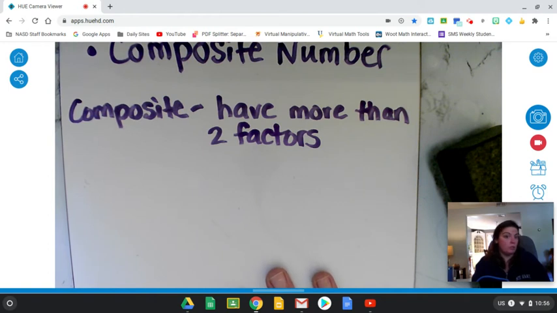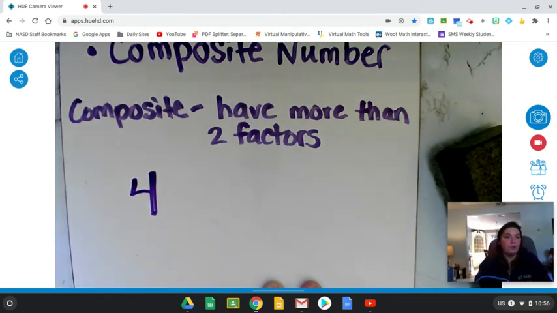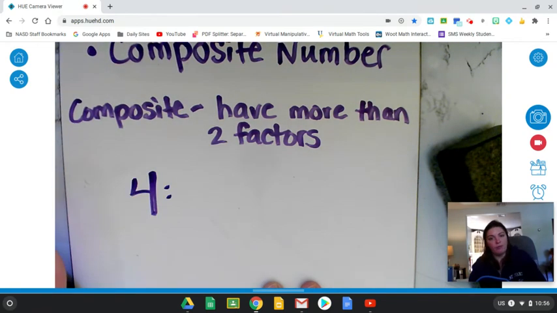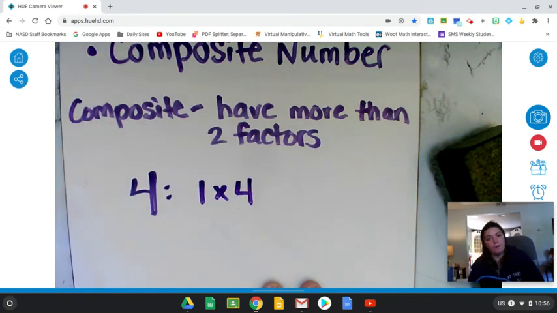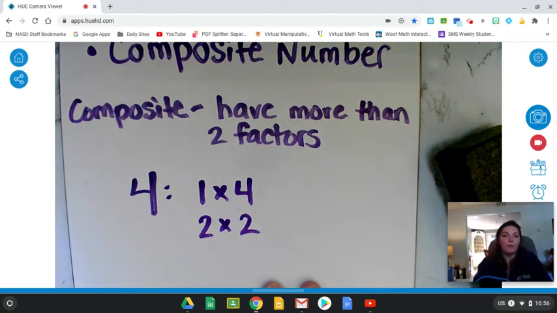So let's do an example of a composite number, and we'll start off small. 4. 4 is the smallest composite number. So what do I multiply to get 4? Well, I can multiply 1 and 4 to make 4, and I can multiply 2 times 2 to make 4.